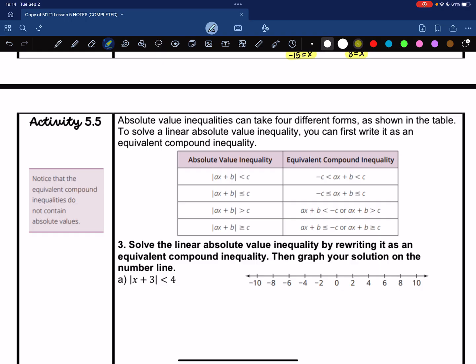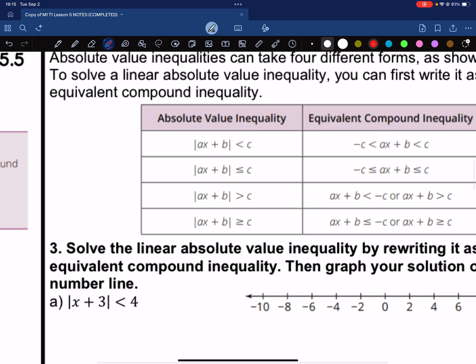So what this means is, depending on your symbol, that is going to determine which compound inequality you have. So it's based on the inequality symbol. If you have the less than symbol, that's the first two right here, that is an and statement.